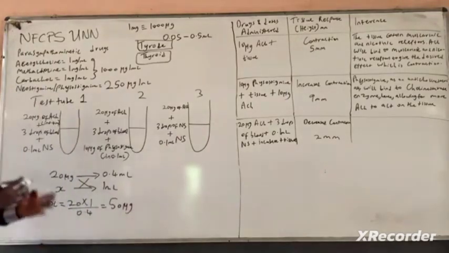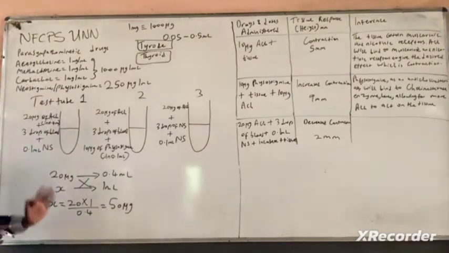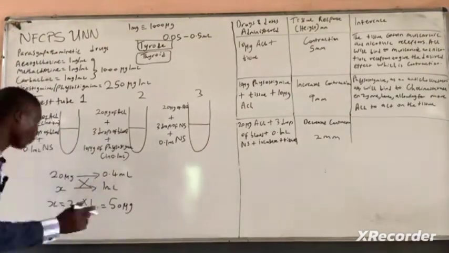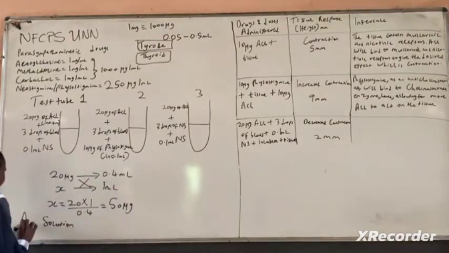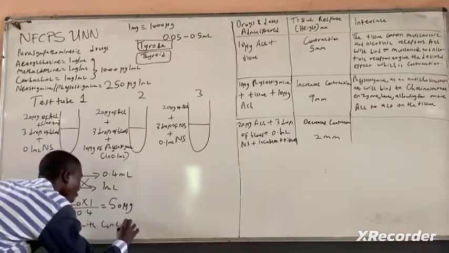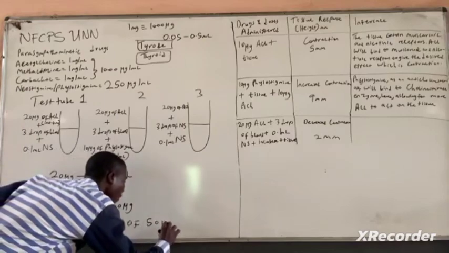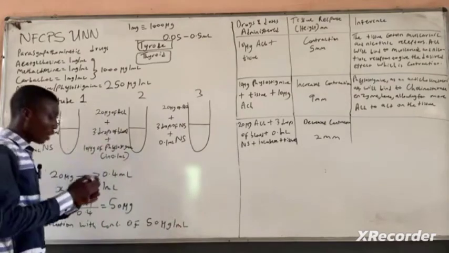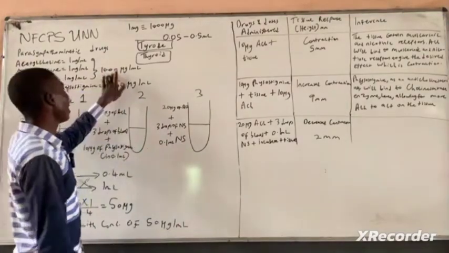So the concentration of the ACH solution from which you get 20 microgram in 0.4 ml is 50 microgram per ml.